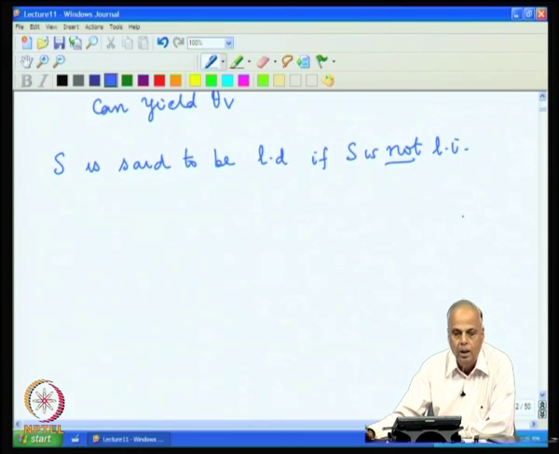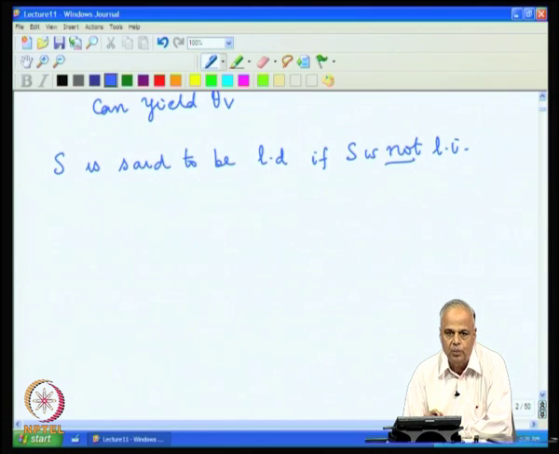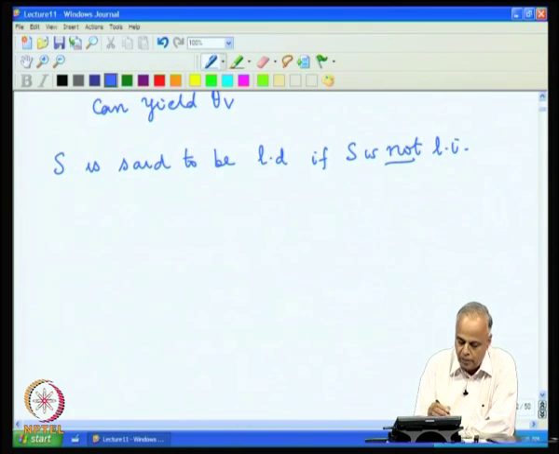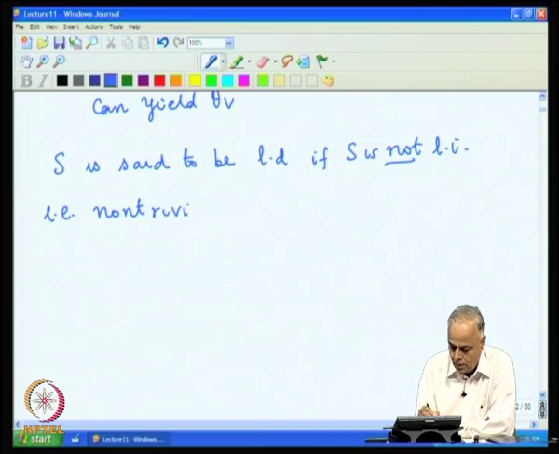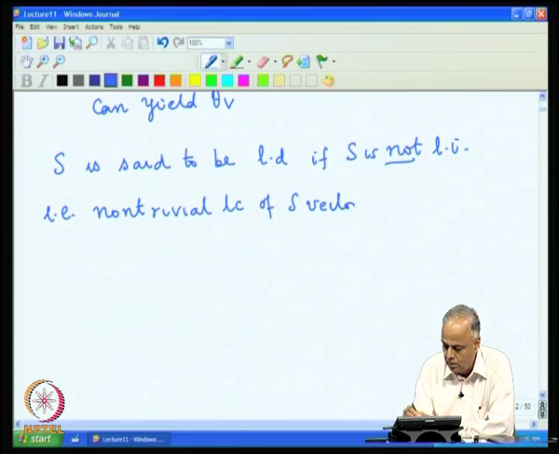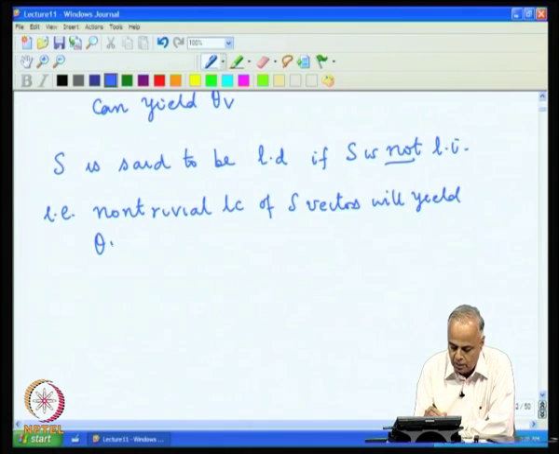What does that mean? A set is linearly independent if only the trivial linear combination will give the 0 vector. So, not linearly independent means non-trivial linear combinations should also yield the 0 vector. That is, non-trivial linear combinations of S vectors will yield the 0 vector. What does that mean? We must have a linear combination in which at least one of the coefficients is non-zero.